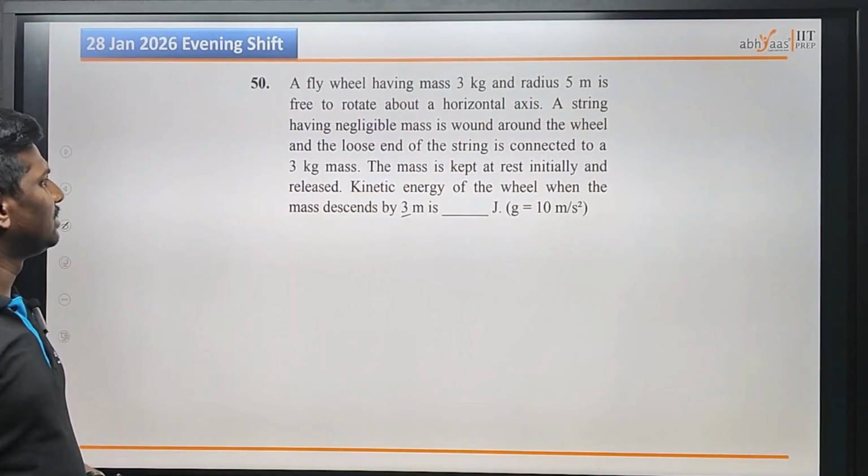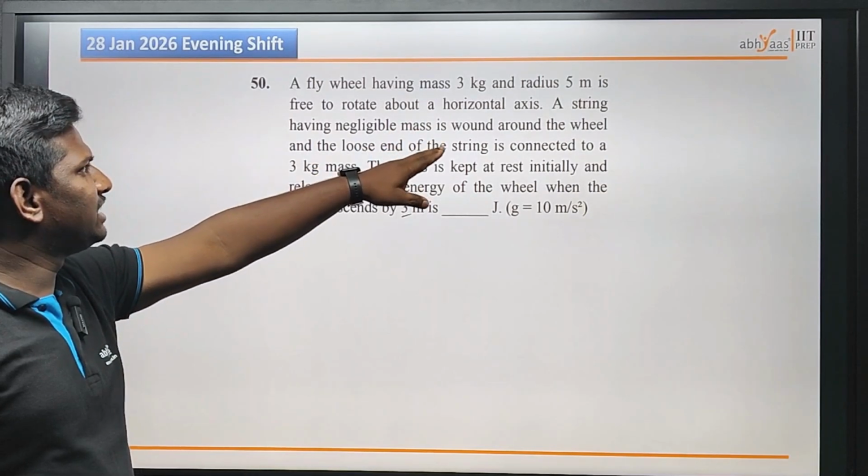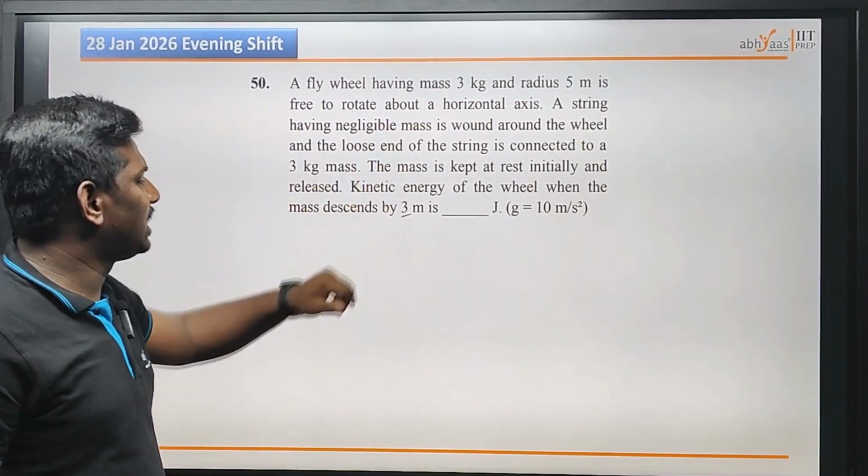Next question, see here. A flywheel having mass 3 kg and a radius 5 meter is free to rotate about a horizontal axis.